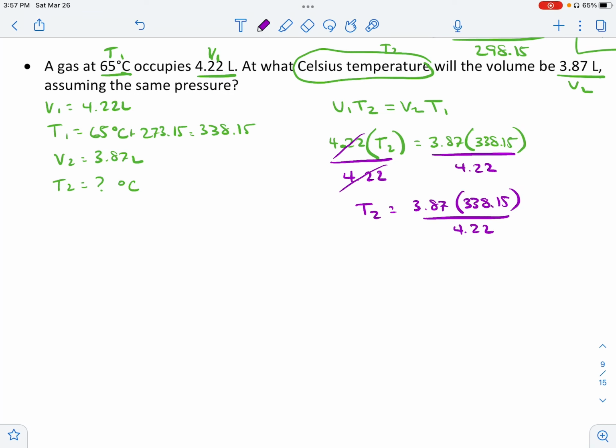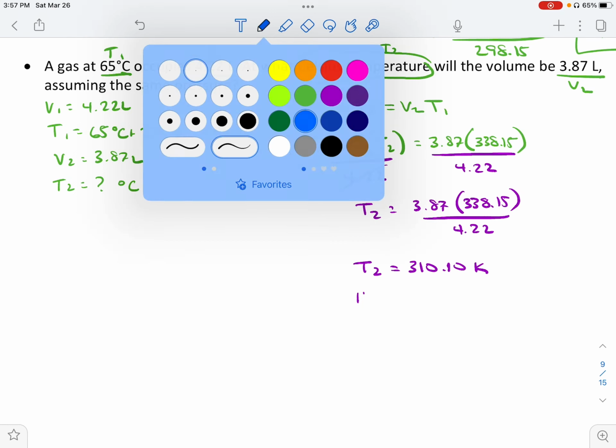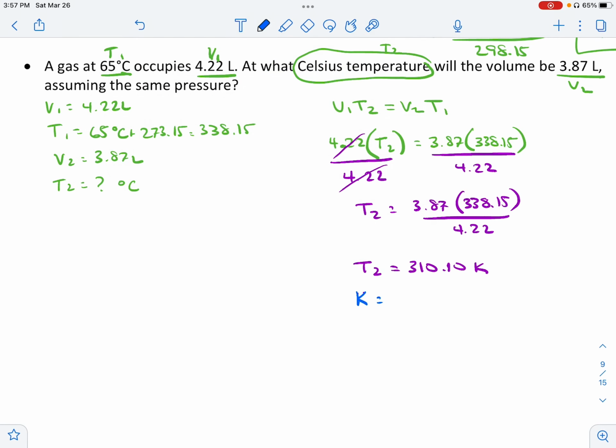Notice how our volume is going down, so our temperature should also go down. So 338.15 times 3.87, those numbers are pretty similar, divided by 4.22. Our temperature here, T2 in Kelvin, is 310.10, but that is Kelvin, so we need to get it back to Celsius. K is equal to degrees C plus 273.15.